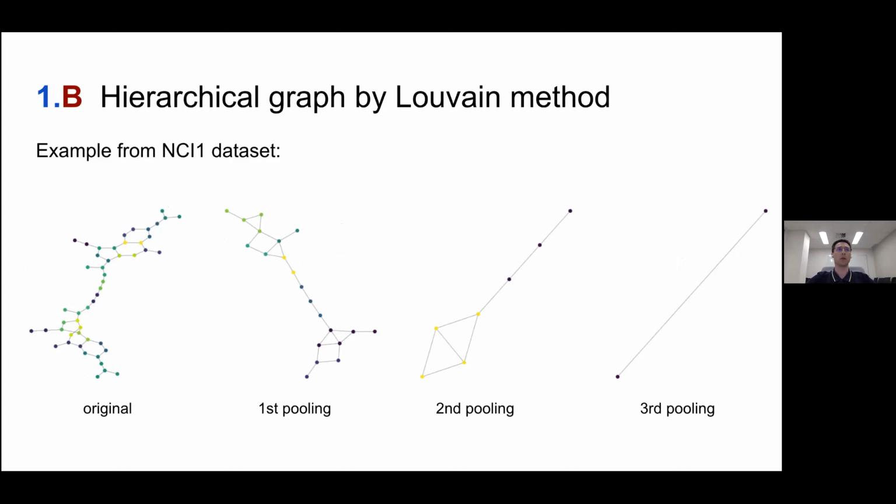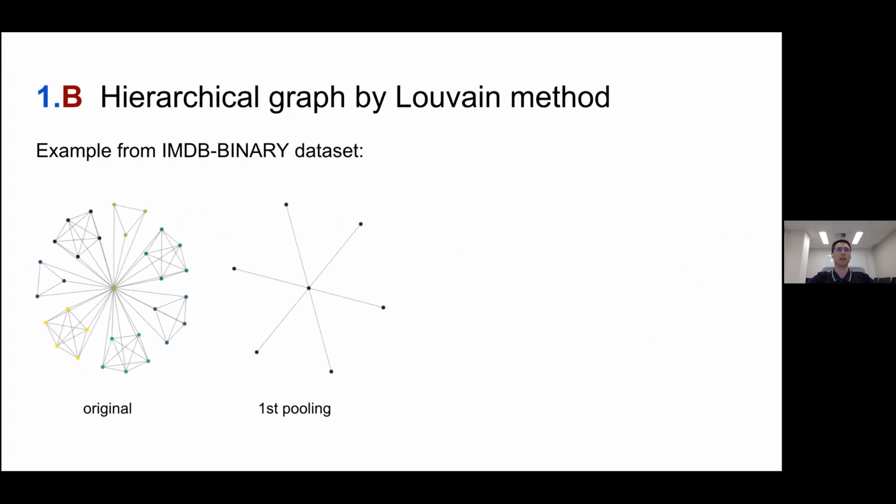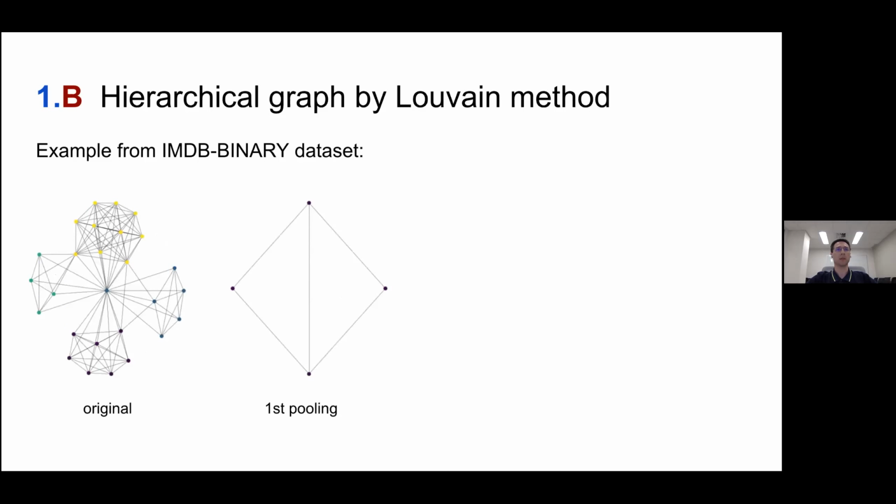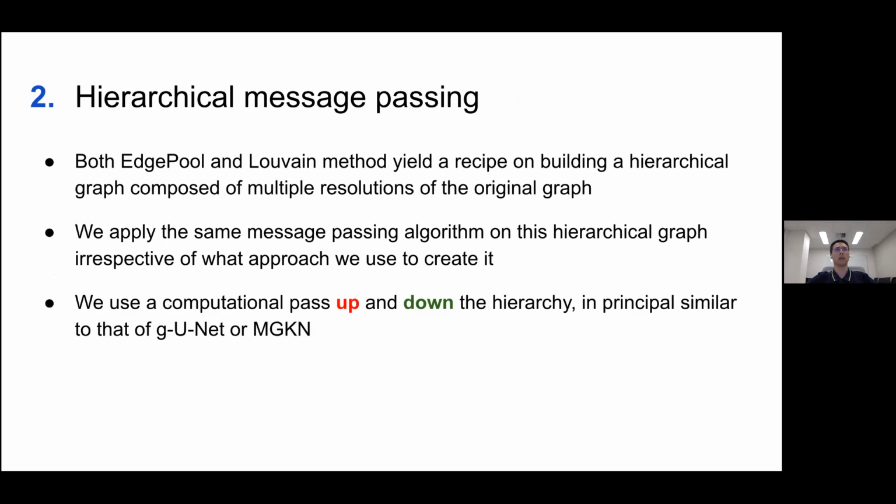NCI, these are small organic molecules, and IMDb binaries, these are ego networks of actors derived from IMDb. All right.